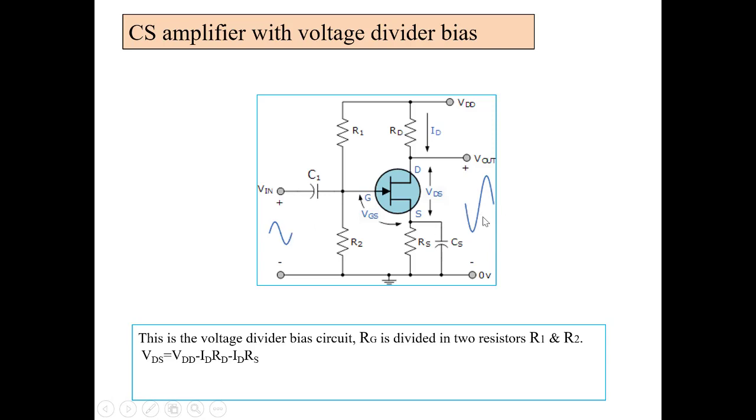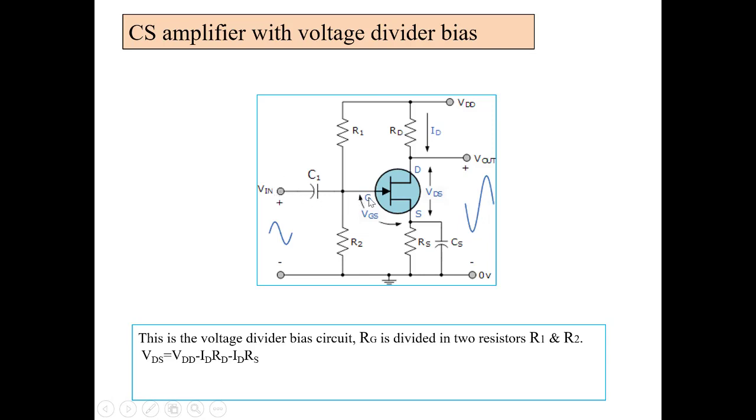What do you observe here? The output waveform is an amplification of the input, but it is inverted, right? Inverted means the phase difference between input and output is 180 degrees. Again, I am discussing the voltage divider bias circuit for the common source amplifier.